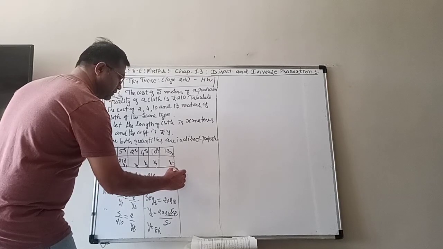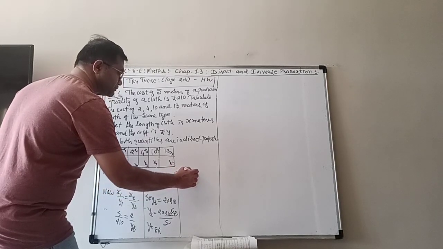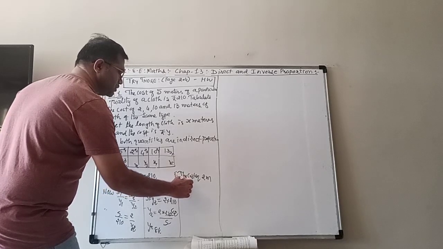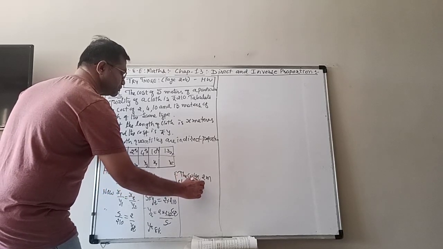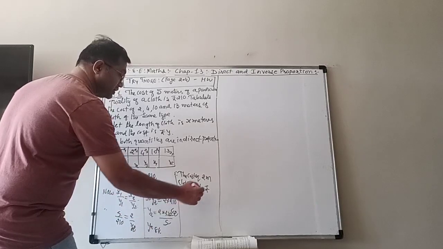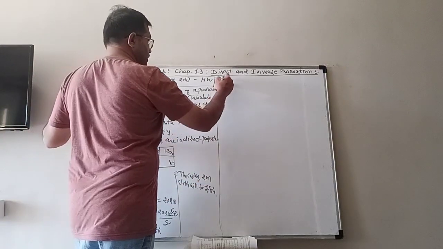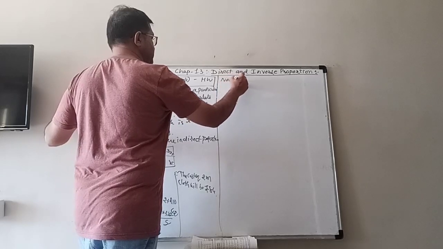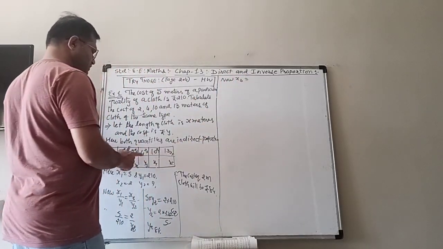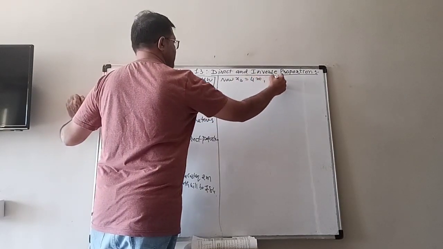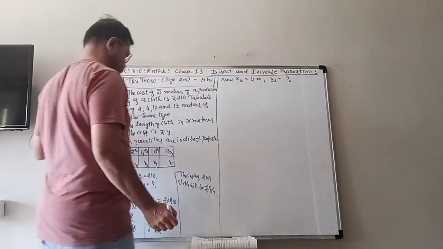Therefore, the cost of 2 meter cloth will be rupees 84. Now we can take x3. x3 is 4 meters, and y3 we have to find.